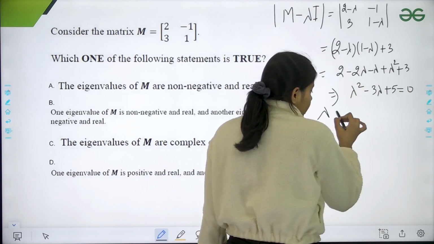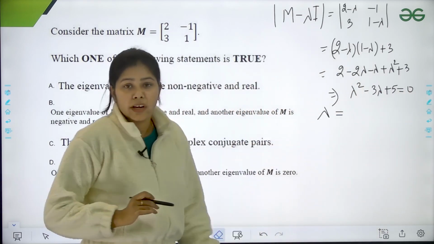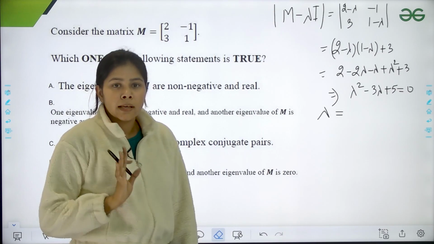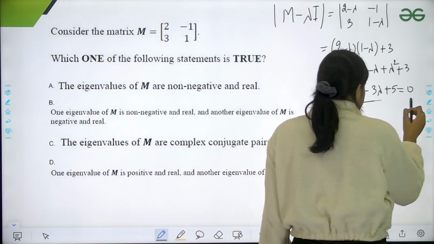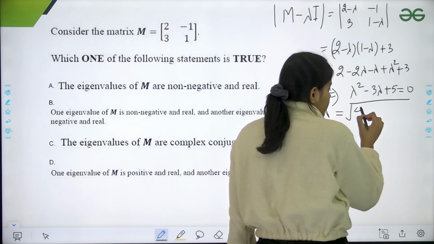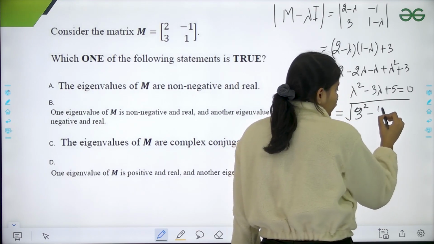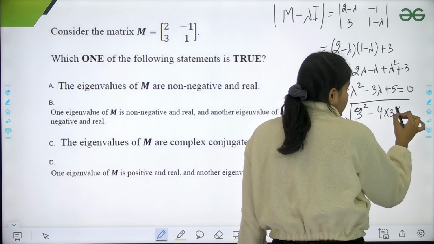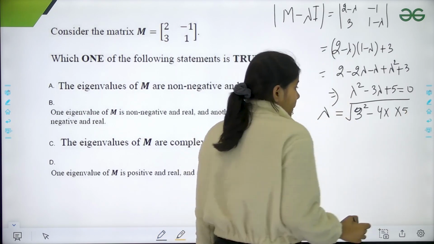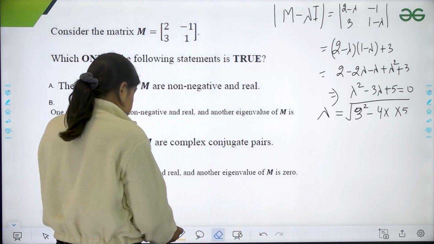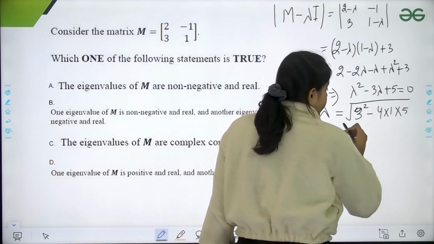To find out an eigenvalue, the formula is to solve a quadratic equation: minus b plus minus square root of b square minus 4ac upon 2a. So let's do that. b square, that means 3 square minus 4 into 1 into 5.